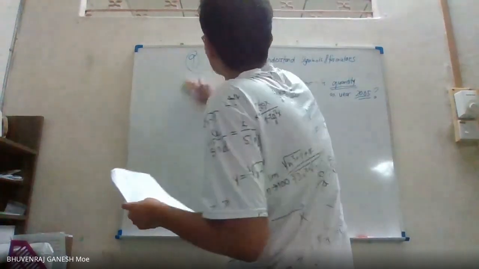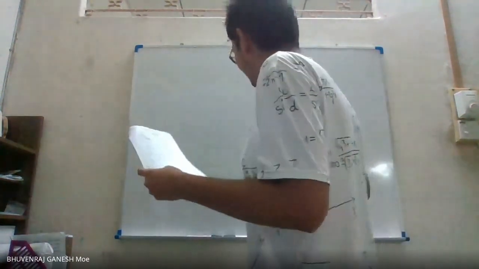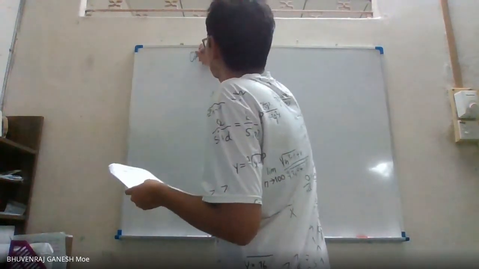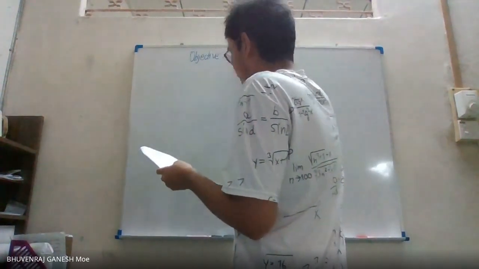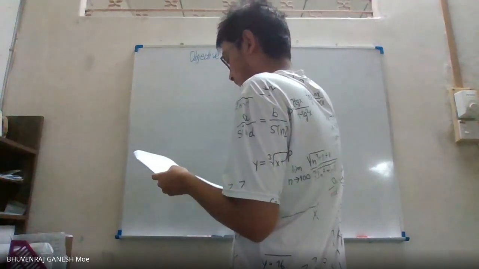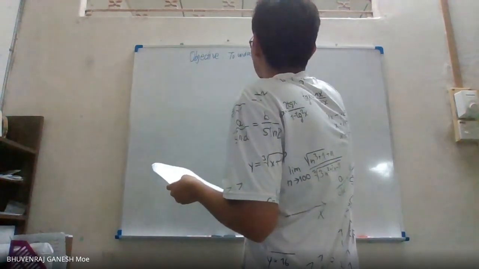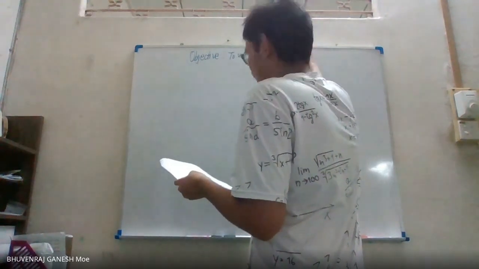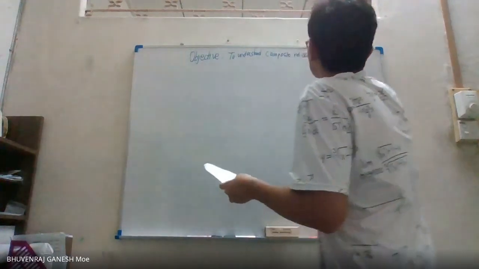Number 10 now. This one is calculation, so it's not a direct one. 3 years for composite indices.